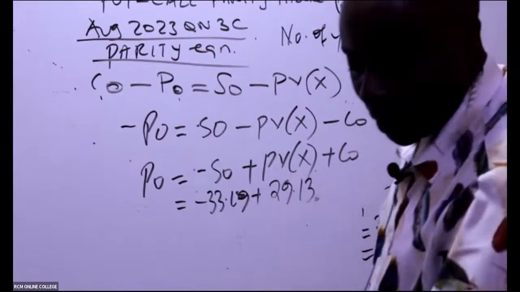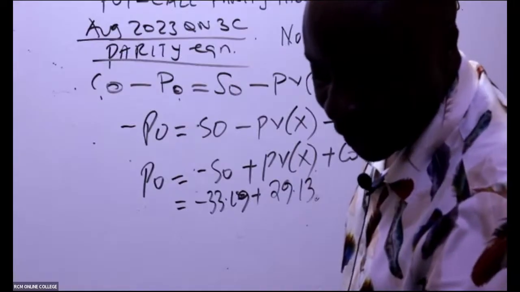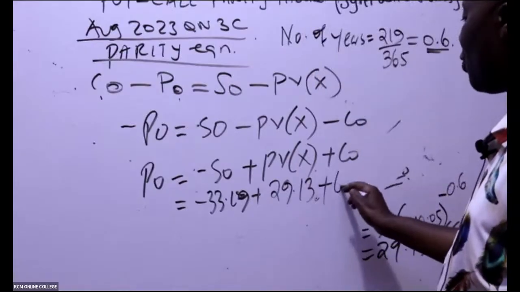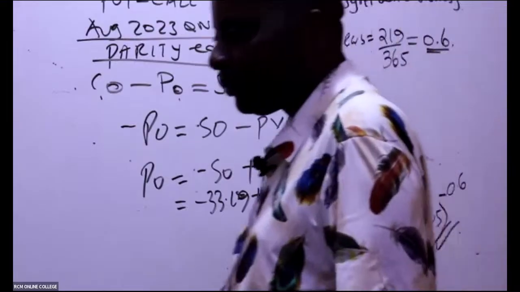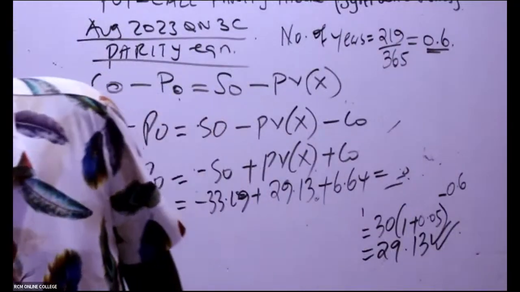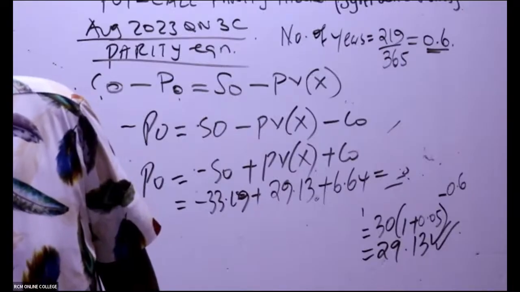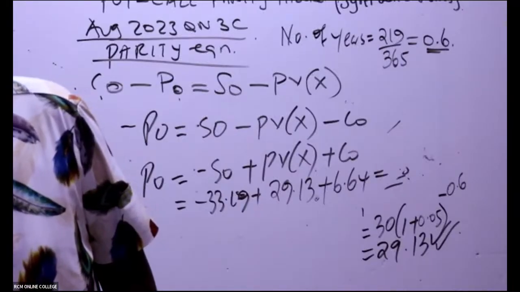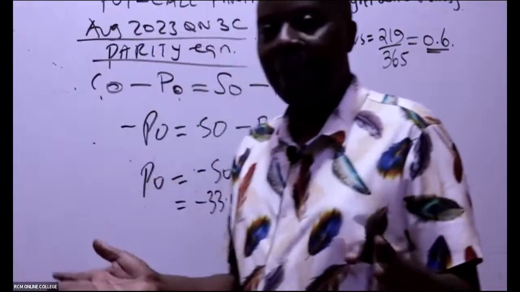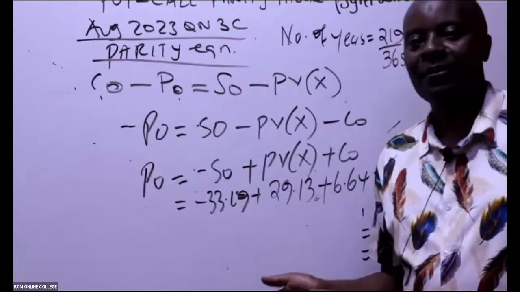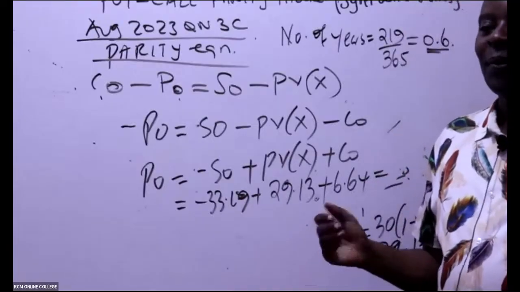Plus our CO. Our CO in this case here is 6.64. So are you able to give us this synthetic PO? Will it be the same?